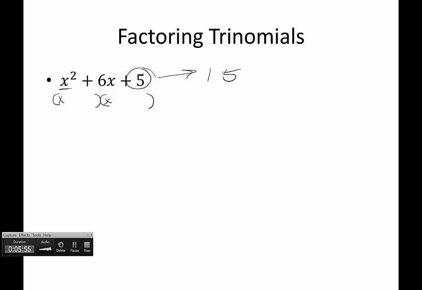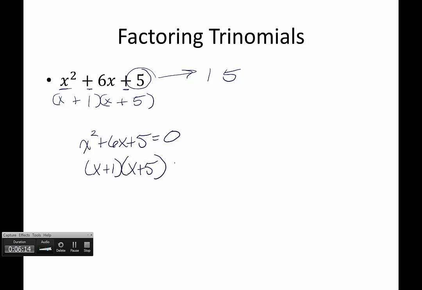In this case, I only have 1 and 5, and I have a plus and a plus. Now, solving this for equaling 0, that would be x plus 1 times x plus 5 equals 0, or x equals negative 1 or negative 5.